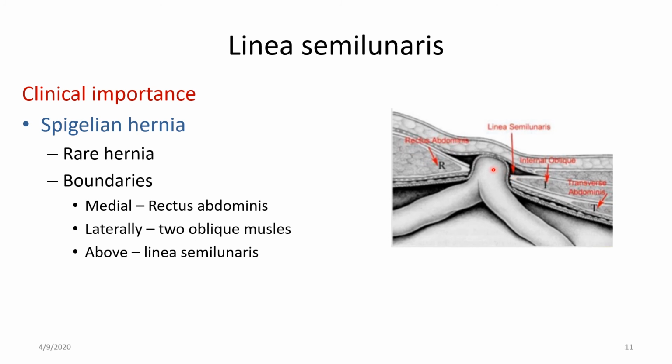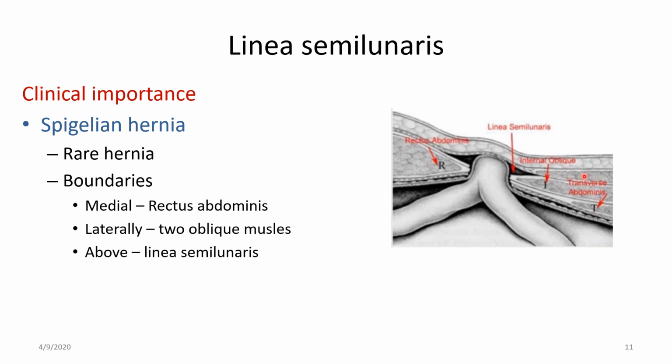Next, the Spigelian hernia. The boundaries for this hernia: medially is the rectus abdominis muscle, and laterally you are seeing the oblique muscles. The internal oblique, you could identify the transversus abdominis muscle. You can see this is the external oblique muscle.